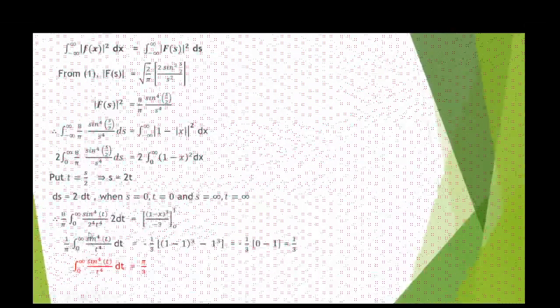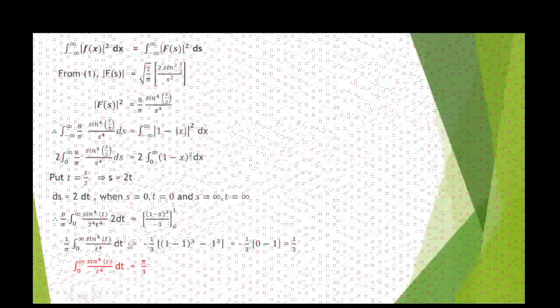So the integral of this thing is (1 minus x) the cube divided by minus 3, limit from 0 to 1. So 1 by pi integral 0 to infinity sine power 4 t divided by t power 4 dt is equal to, 2 and 2 will be cancelled, 2 cube is there in the denominator, 2 cube is 8, so 8 and 8 will be cancelled.